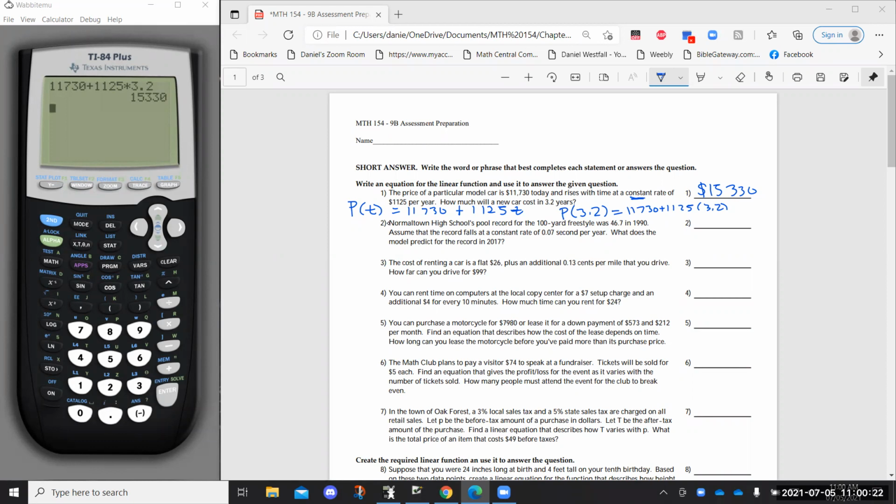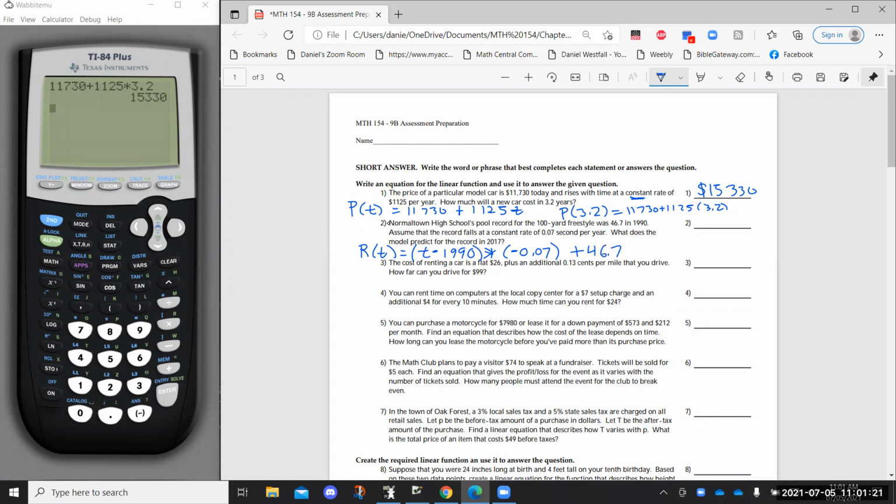It says that currently the record, use R for record, for a particular year that I'm going to call T, notice they're giving us the whole year here, is going to be how many years have passed since 1990, times a negative 0.07 seconds a year, plus my original record of 46.7.